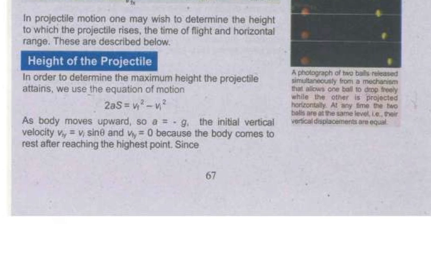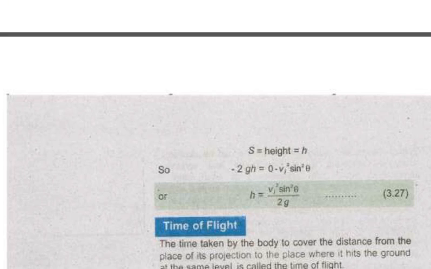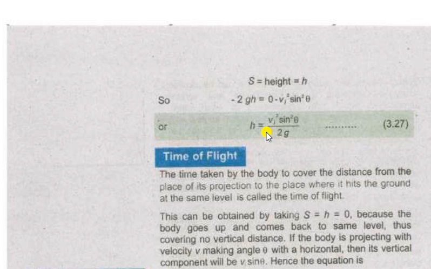Putting all these values in the equation, we get the maximum height equal to vi square sin square theta over 2g. So this is the expression for the maximum height of the projectile.